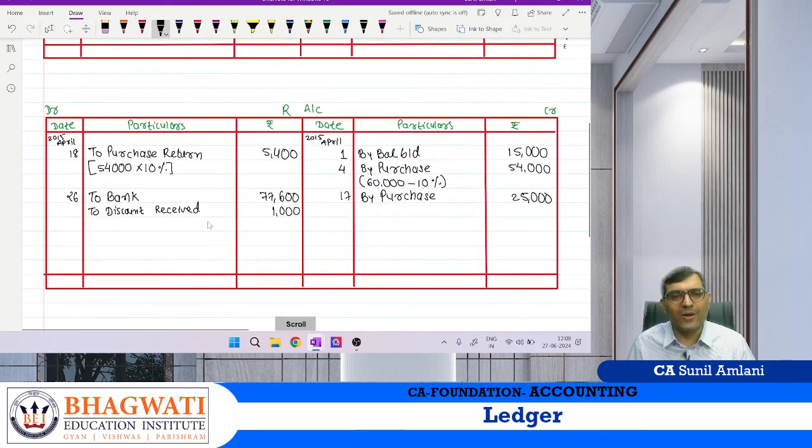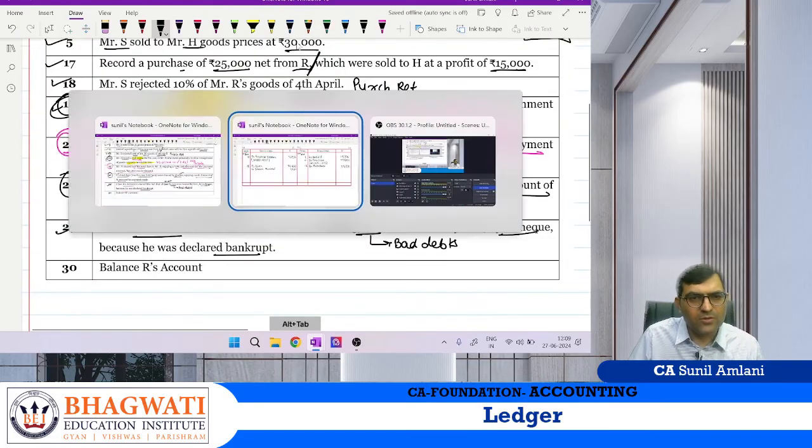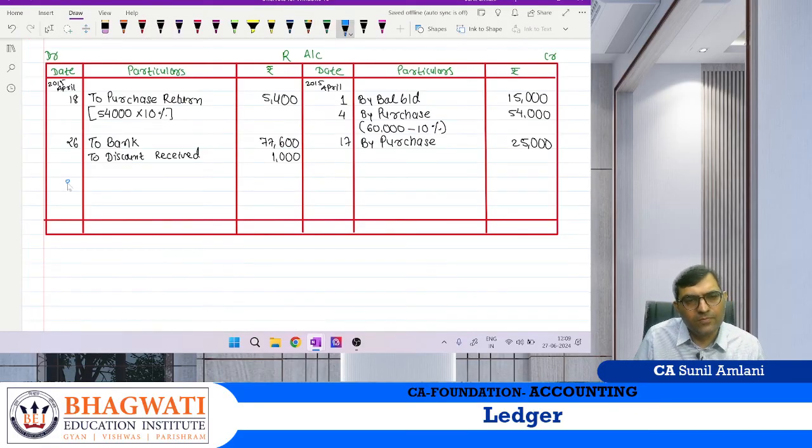And balance our account. Now obviously there is no transaction. So on 30th, I should have to balance carried down what 10,000 because we held it back. Or even if you don't remember all this thing, right? Simple maths we know 15,000 plus 54 plus 25. So 94,000 is the total.